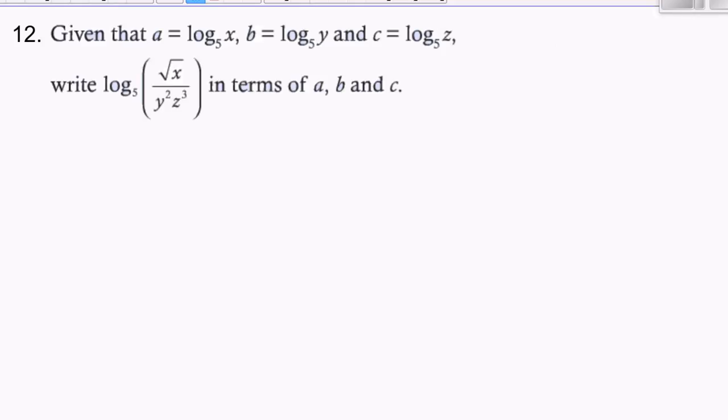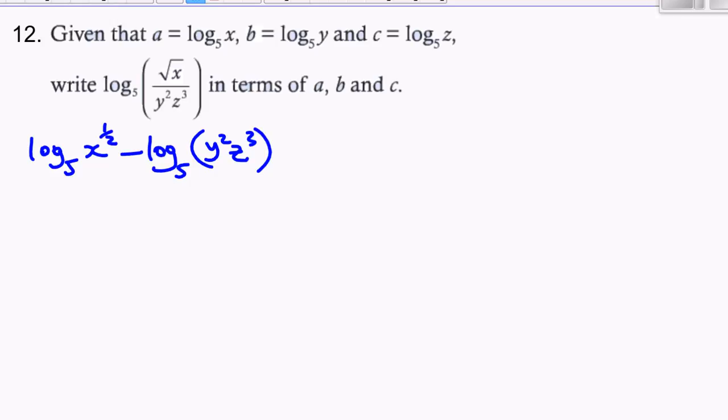Here's another question. Given that A is that, B is that, and C is that, write this in terms of A, B, and C. The first thing that you want to do is you want to undo this expression. So log to base 5 of square root of x is same as x to power a half. When you have a quotient like this, you subtract logs using the laws of logarithms. So log to base 5 of, I'll just write this first, y squared z cubed.